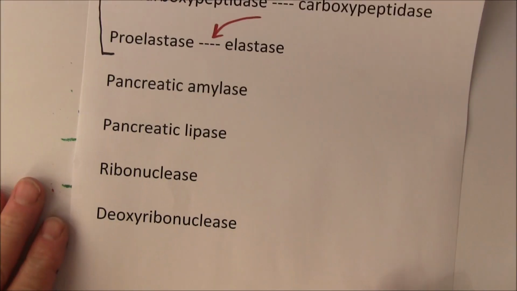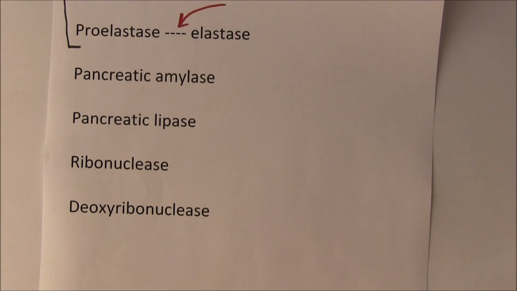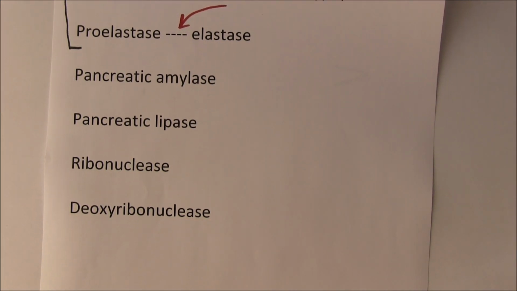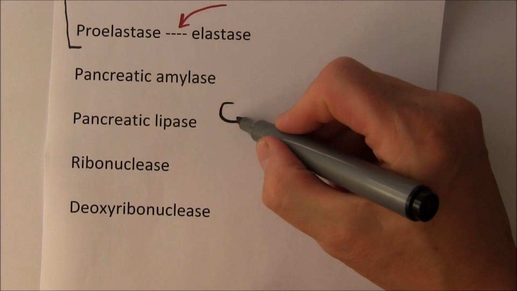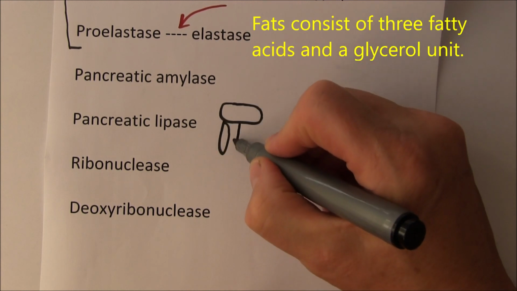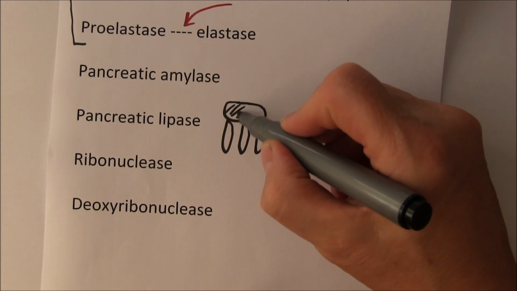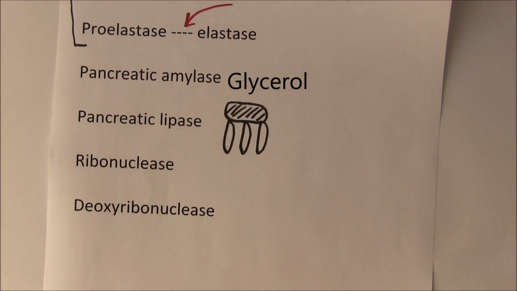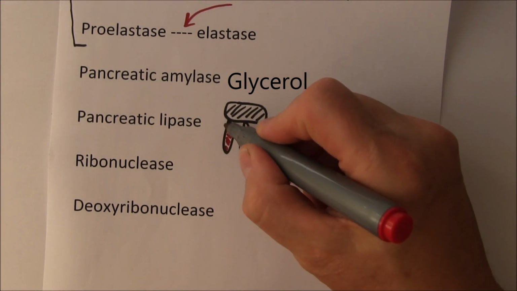Pancreatic lipase, of course, is going to start breaking down, or continue the breakdown of, fats. Now, most fats, when they're consumed, contain a glycerol unit, and they contain 3 fatty acids because they're triglycerides. So this will be the glycerol unit, and these will be the fatty acid units in the triglyceride.